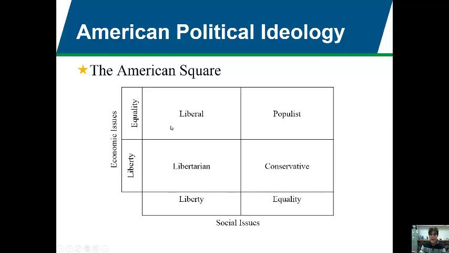So let's go ahead and start here with the top left, the liberals. Note I use a capital L here to denote that it's a liberal belonging more to the left of American ideology, or more to the Democratic or maybe even the Green Party. So when it comes to economic issues, liberals tend to like equality.